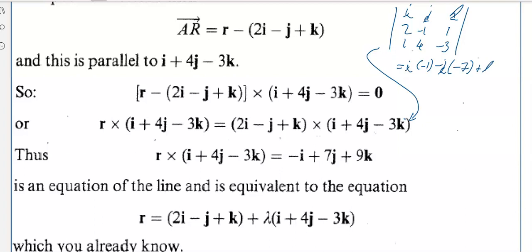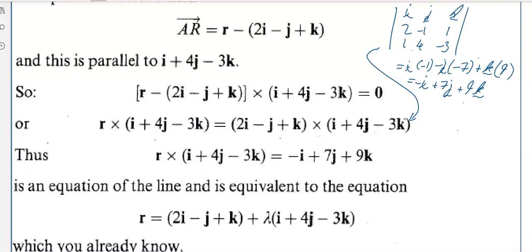And then plus k, multiplied by 2 times 4, which is 8, and then minus 1 times 1, so it's 8 minus 1, so 8 plus 1, which is going to be 9. If you tidy it up again, that's minus i plus 7j, and then plus 9k, and that's it. So that's where that comes from.